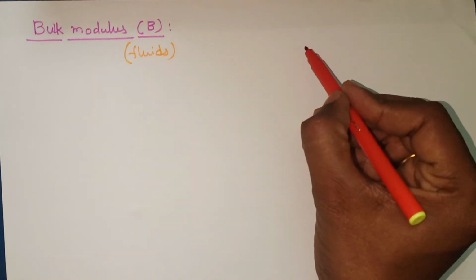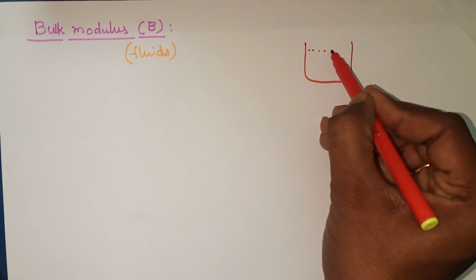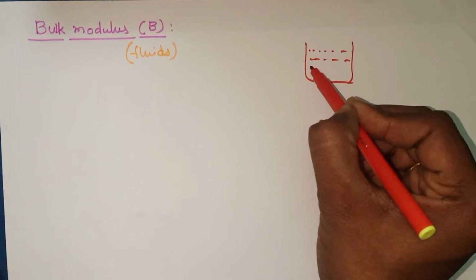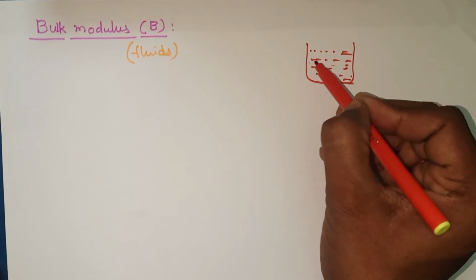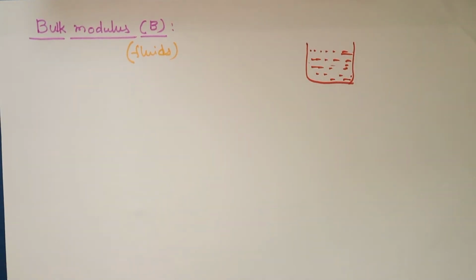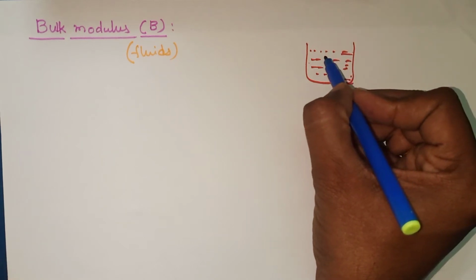Let's see a simple example. Let us consider a jar where water is present. Imagine that a sponge or a material, a body, is being submerged.